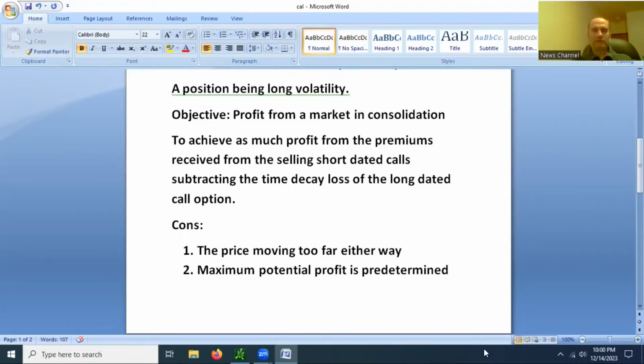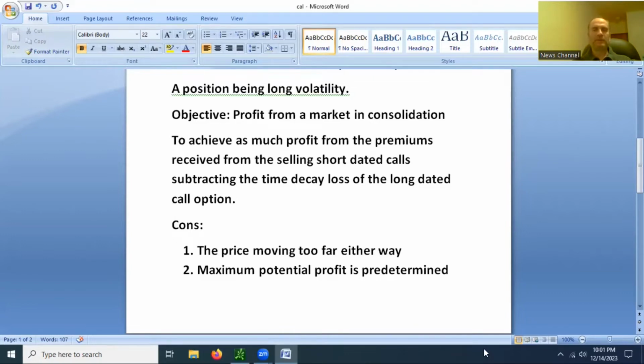As you're selling these short-dated calls, the premium received from selling a number of them versus the loss incurred from the long-dated option will materialize in a profitable situation, as long as the price remains in a certain area.